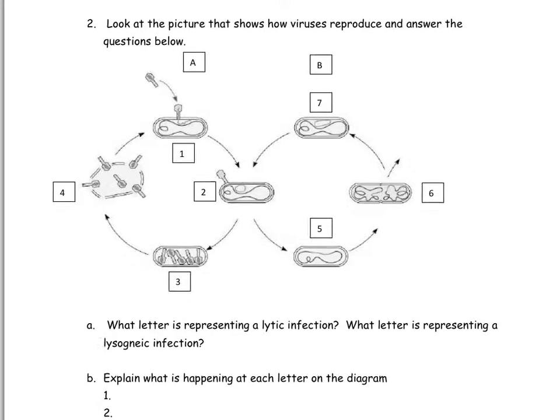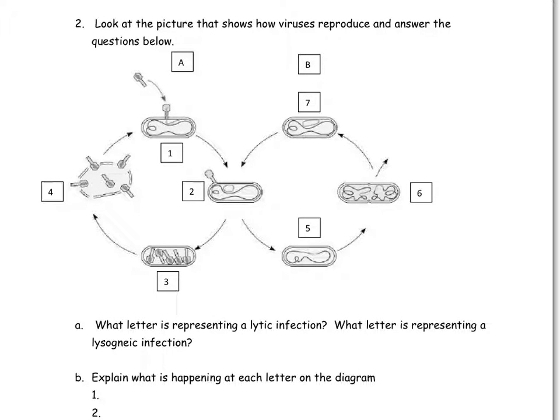Letter A is pointing to what is called the lytic cycle, and the lytic cycle follows this 1 to 2 to 3 to 4 and then back to 1. And letter B is showing the lysogenic cycle, which starts here at 1, goes to 2, then jumps over here to 5, and then 6, and then 7.